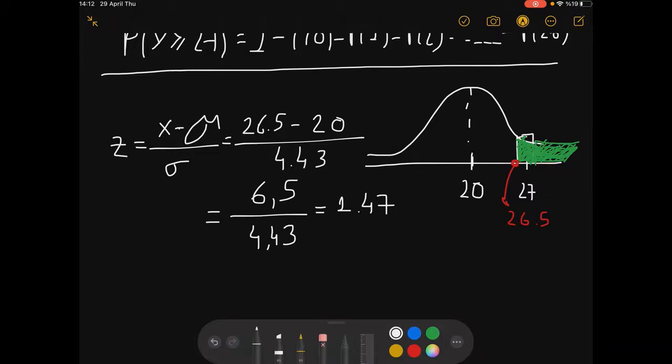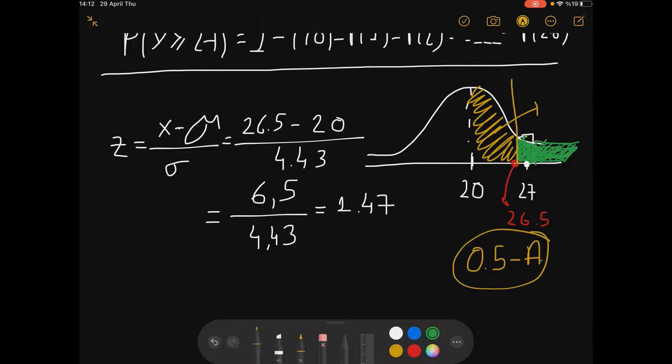But if I use the table, 1.47 will give me this area, not the green one. So what I need to do is subtract this area to get this green area. Is that right?